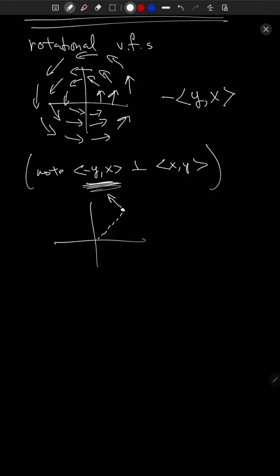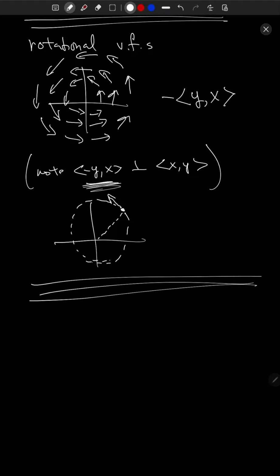So perhaps it looks like that, which points in the direction of a circle. So it's rotational. Those are two very big classes of vector fields that we'll be seeing quite a bit.